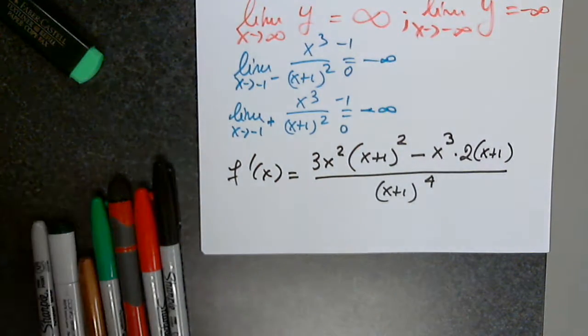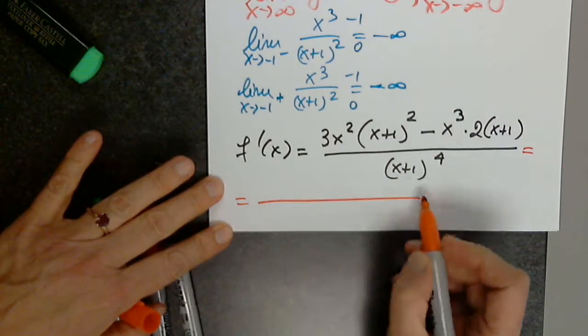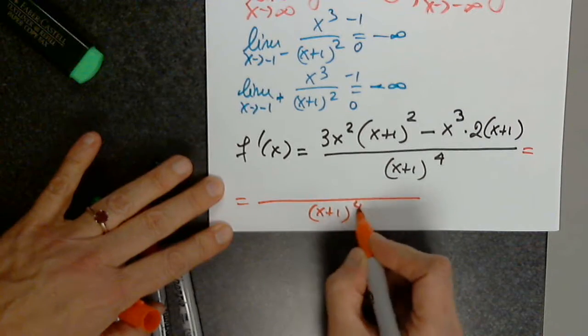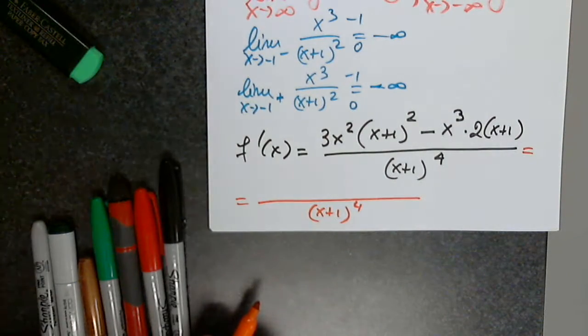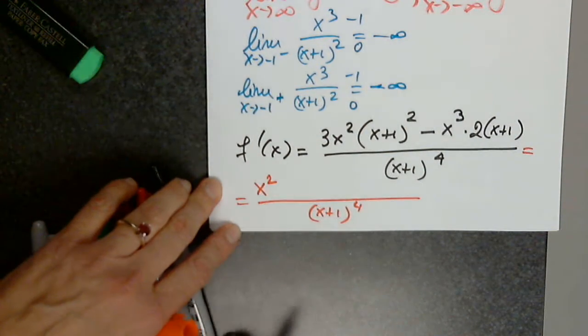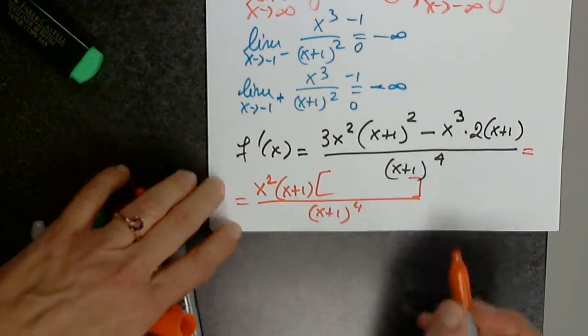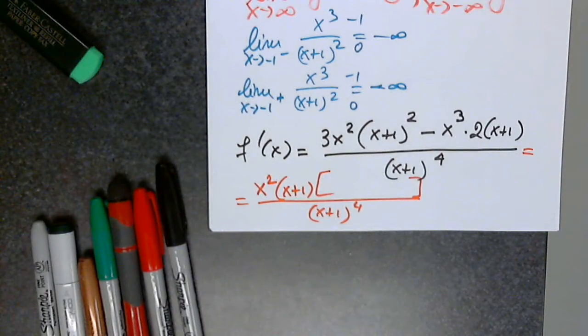Okay, what is the key word now? Super important. Yes, what will I factor out? Definitely an x squared and definitely an x plus 1. Let's see what is left.